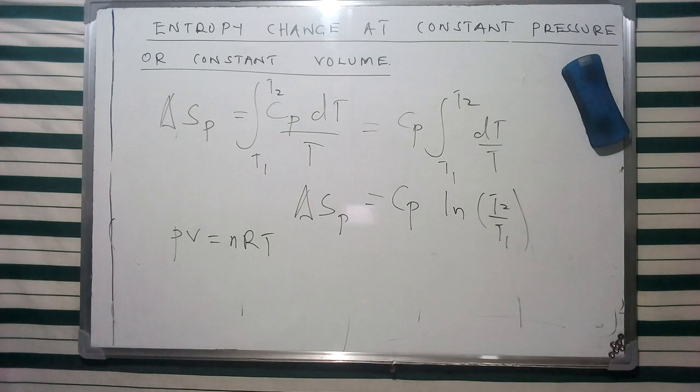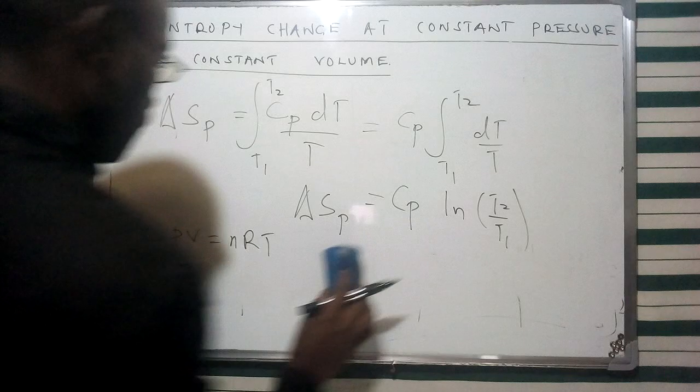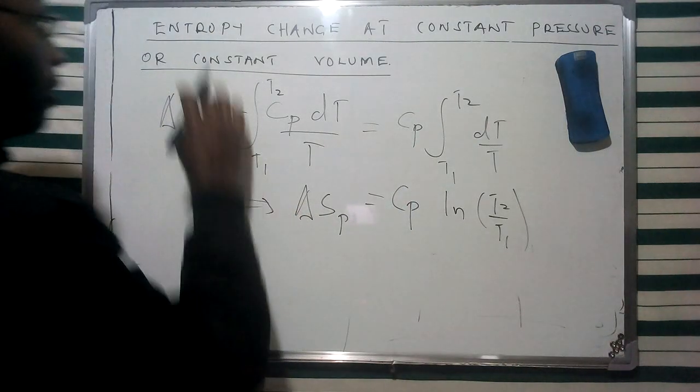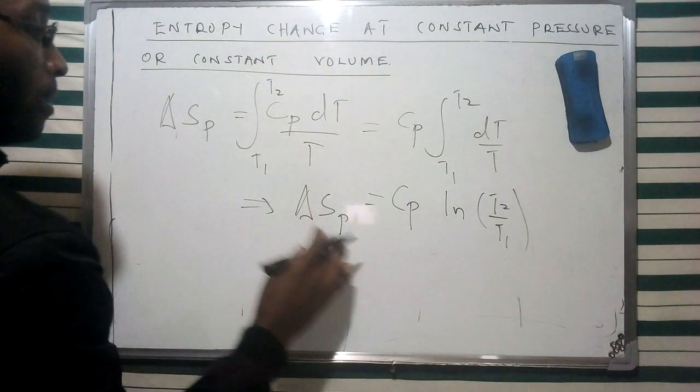So under constant pressure, this is going to be the basic representation that we're going to have. So similarly for volume, I'm going to just leave this one for another discussion. So this is the representation of entropy change at constant pressure given as such.